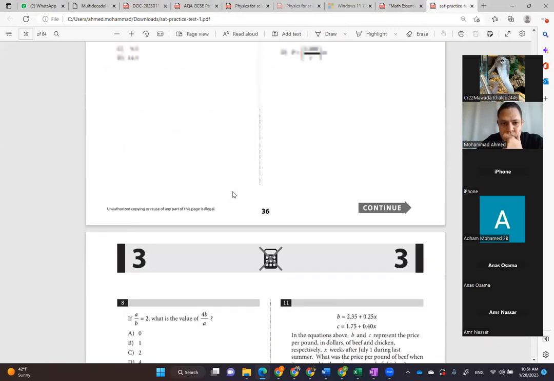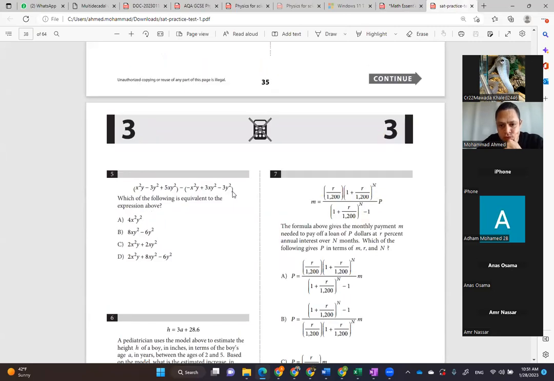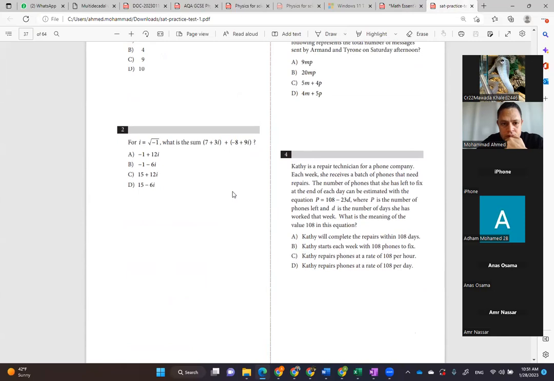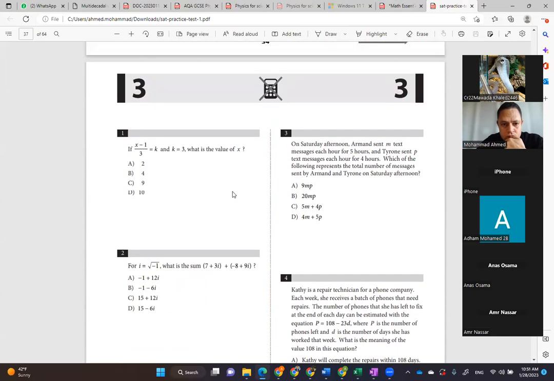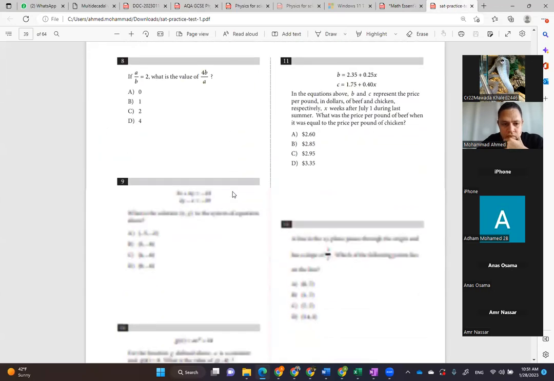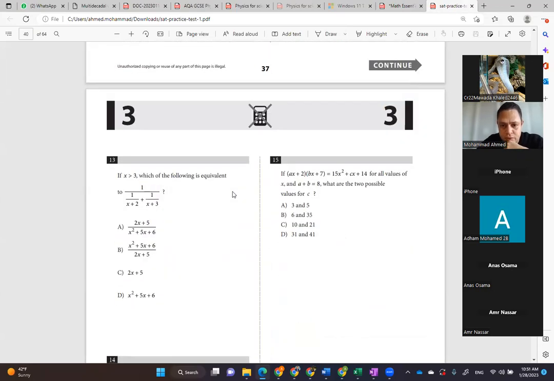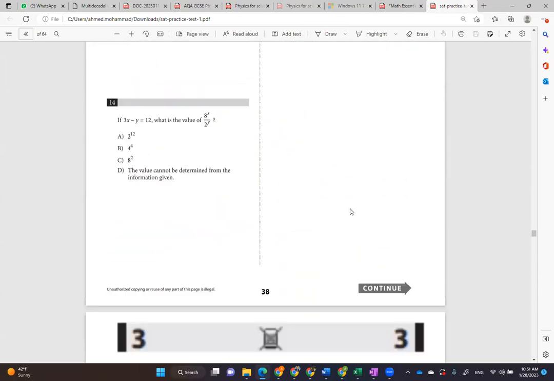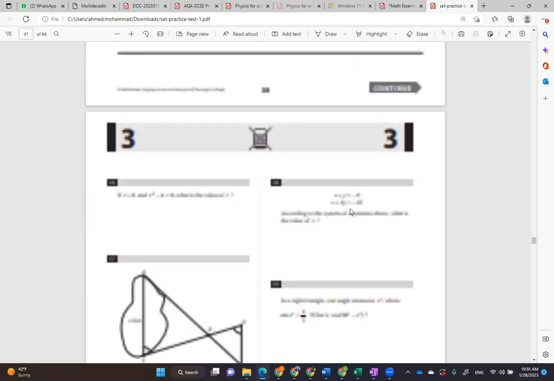Okay, let me choose one of the exams. One of the exam equations related to the topic we just covered. Yes, this one. Choose the quadratic.